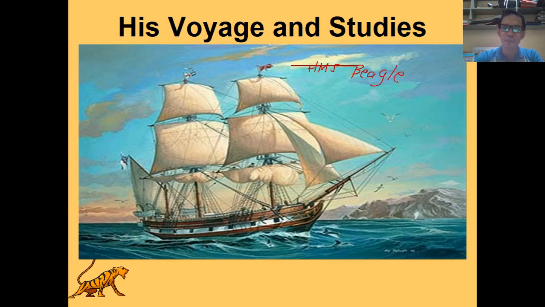Together with the crew of the HMS Beagle, they surveyed all the land and all the places that they explored. And together with Charles Darwin, he was able to study these places and find something relevant to what they call evolution.